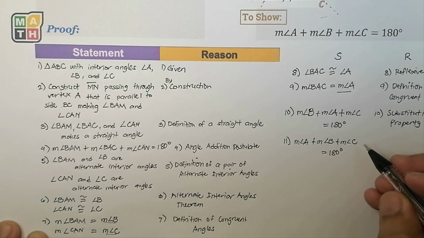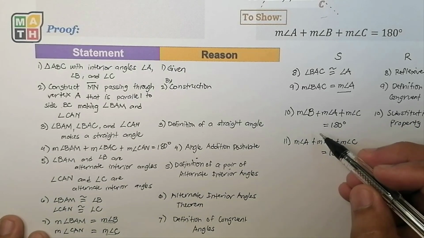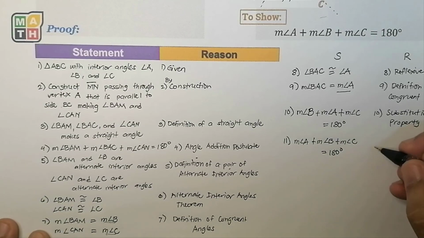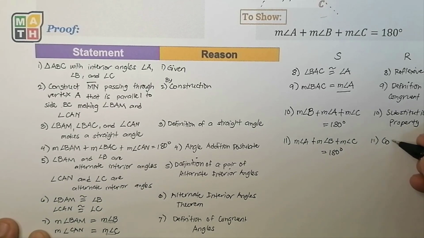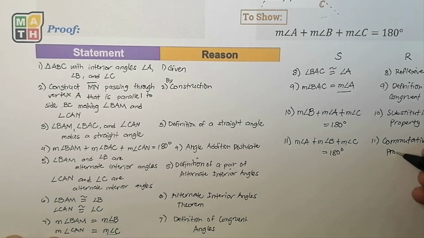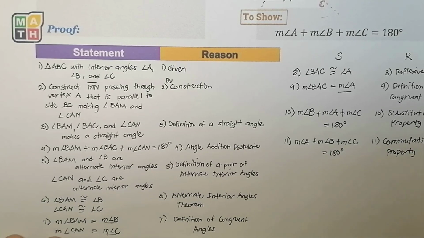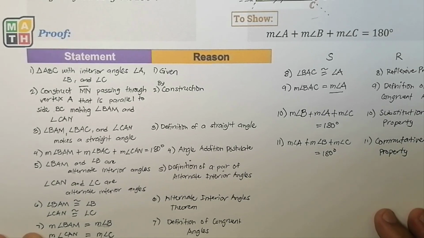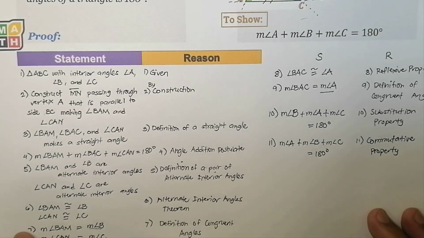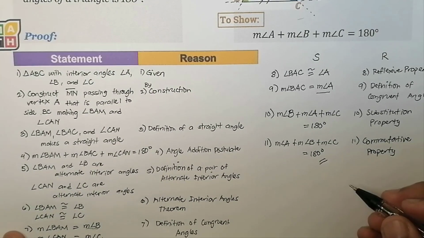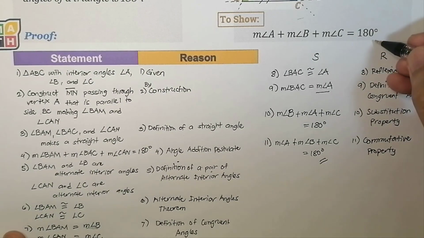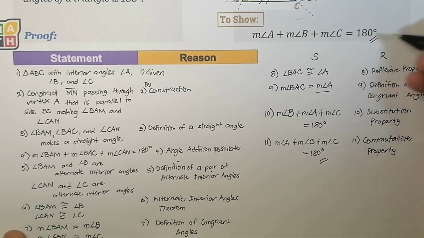And the reason that would correspond to simply arranging this is by commutative property. Okay, let me move it a little bit here so you could see. Okay, like this one.